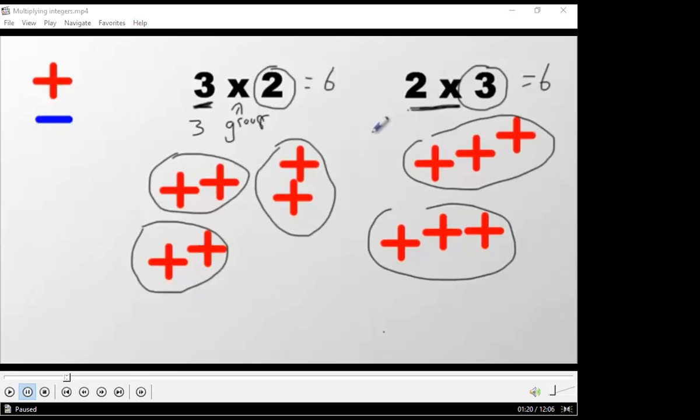I'm looking for 2 times 4. How are we going to solve this question? Did you solve it?